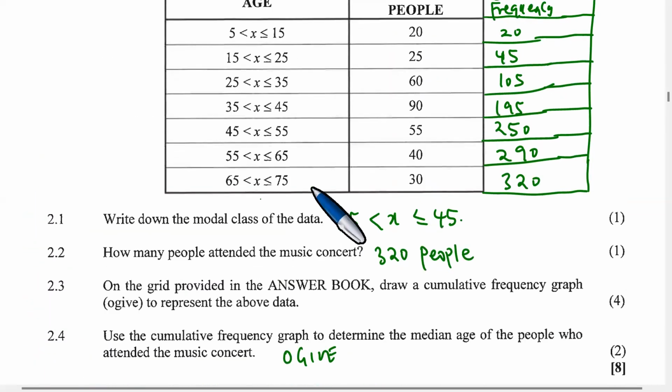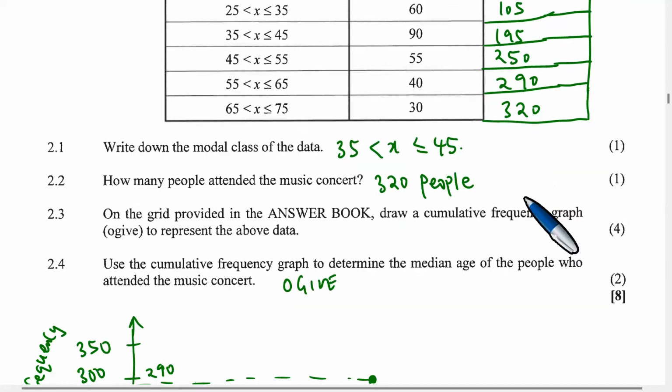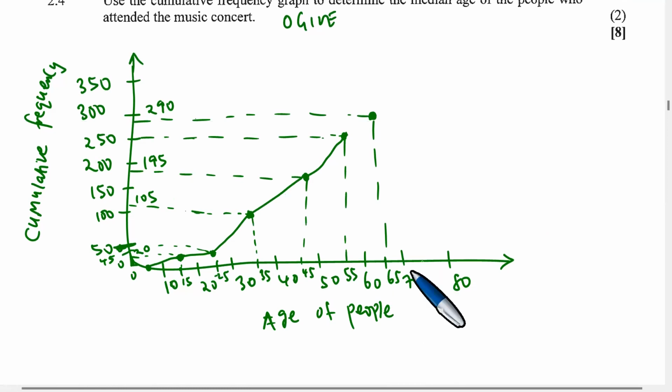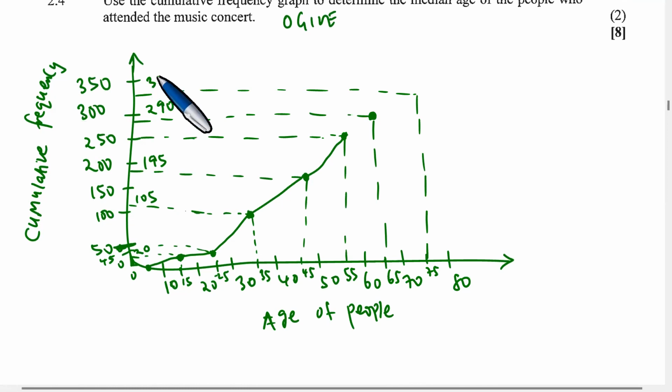Next, you have 75 goes with 320. 75 is somewhere here. It goes with 320.